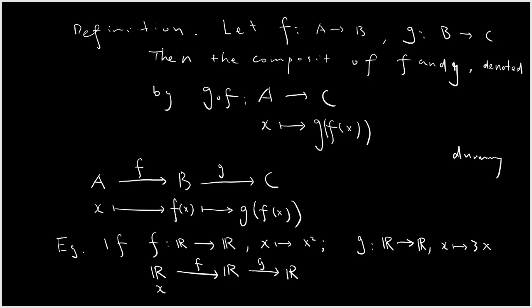So for every input in the domain of the composite, which is also the domain of F, x is mapped under the definition of F. Look at the mouse cursor here. Under F, every real number is mapped to the square of the number. So you have x squared.